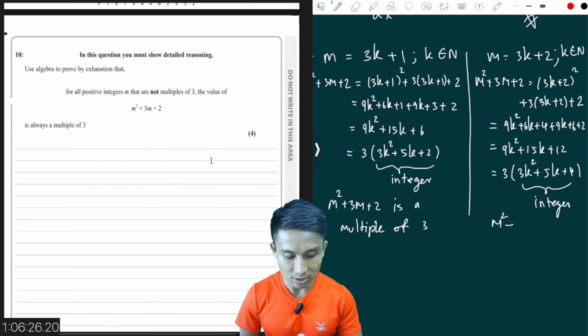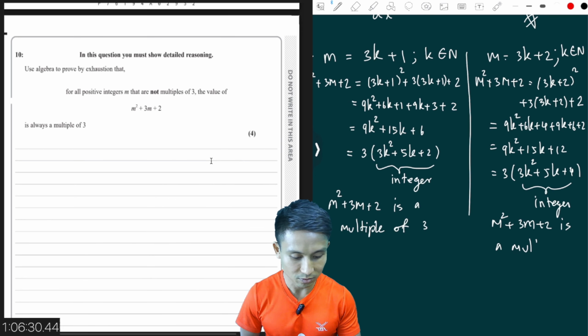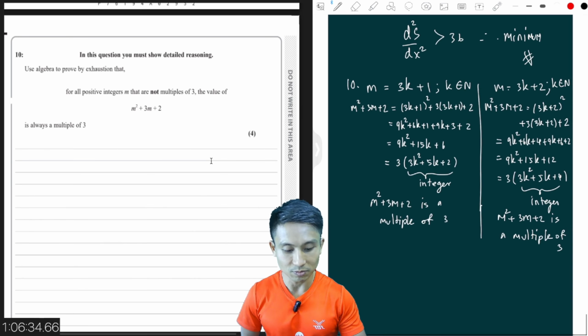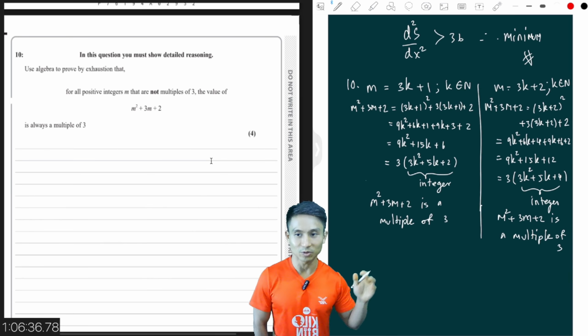So that means m squared plus 3m plus 2 is a multiple of 3. So this is by exhaustion, because you prove all the cases possible.